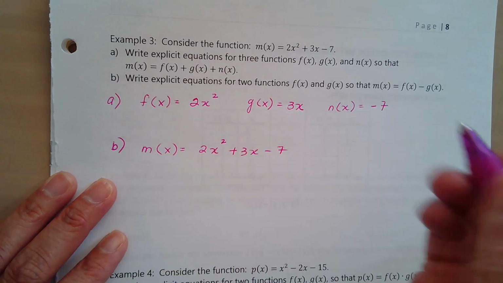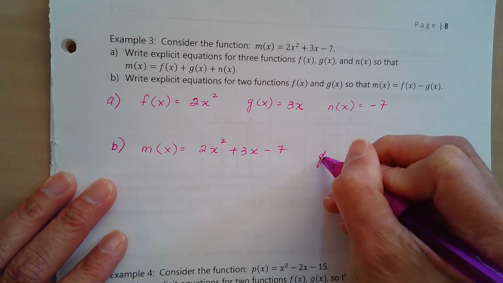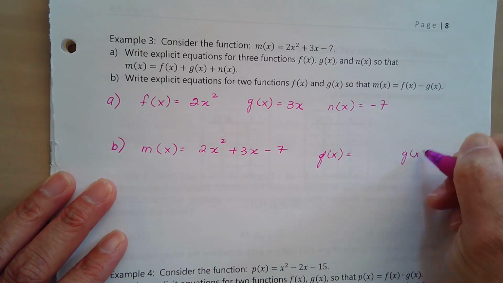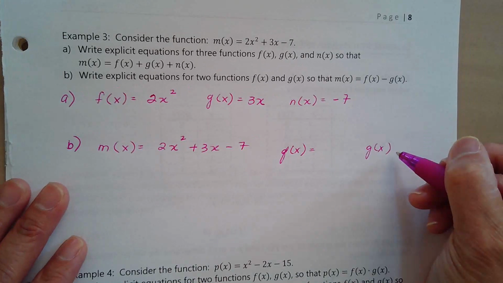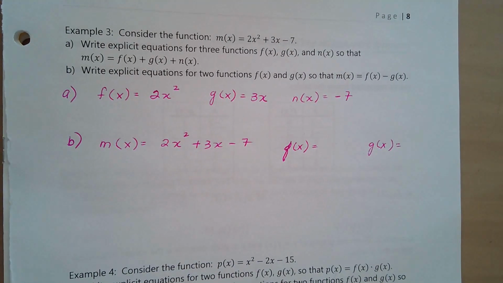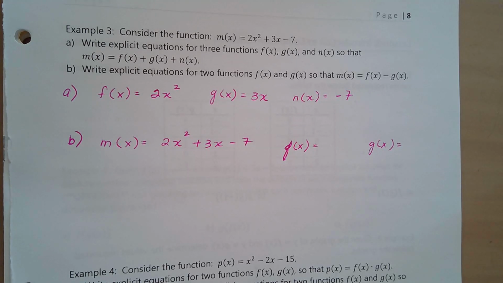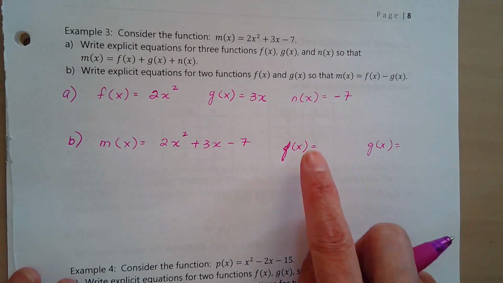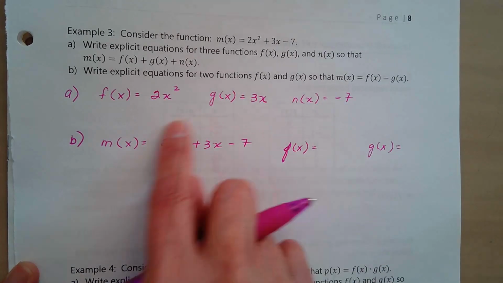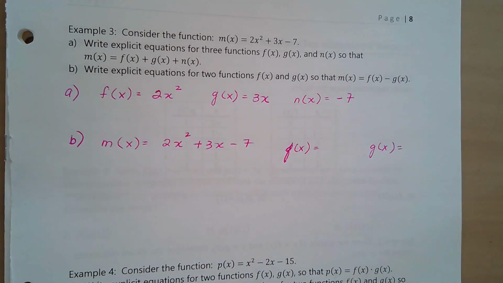We want to know what the f of x is and the g of x. When we subtract these 2 functions, it's going to result in 2x squared plus 3x minus 7.